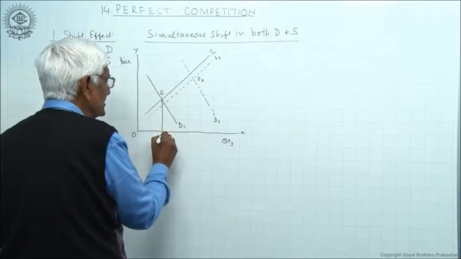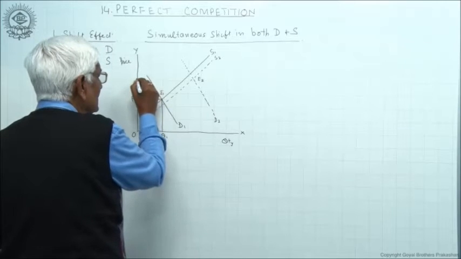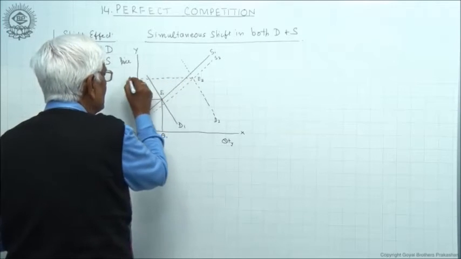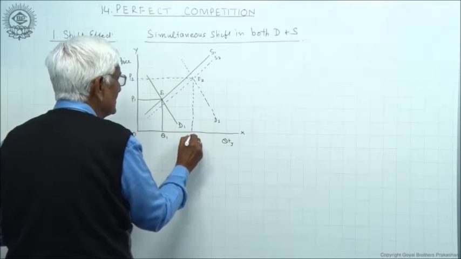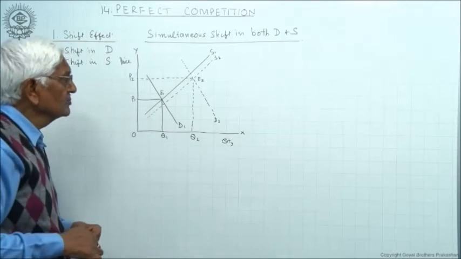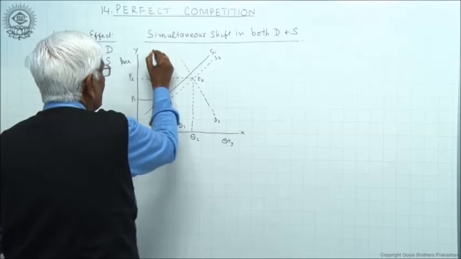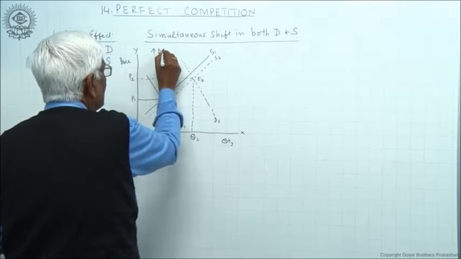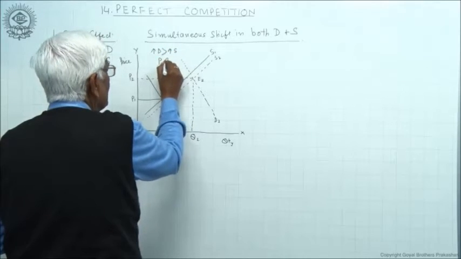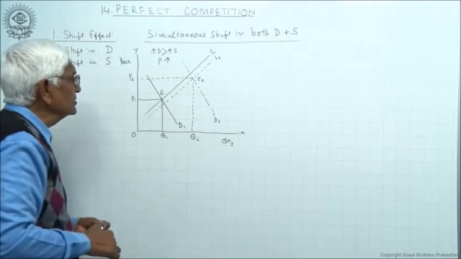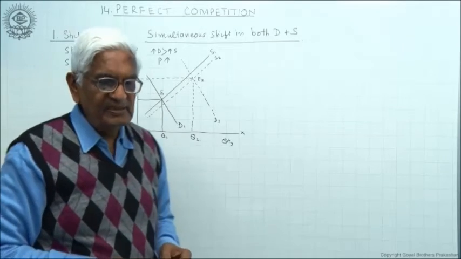Original quantity was Q1 and original price is P1. The new price is P2 and new quantity is Q2. This conforms to our first case where increase in demand is greater than increase in supply, leading to rise in price from OP1 to OP2, at the same time also leading to increase in the quantity.